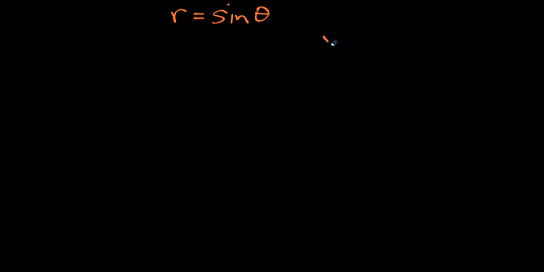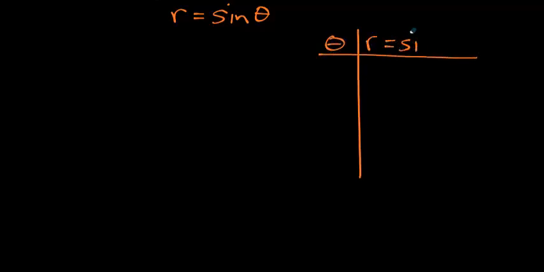So I'm going to look at some values of theta, and then we'll look at r. I guess what I'll do is look at 0, pi over 6, pi over 4, pi over 3, and pi over 2. Let's do that. Now, I want to show you what happens here.